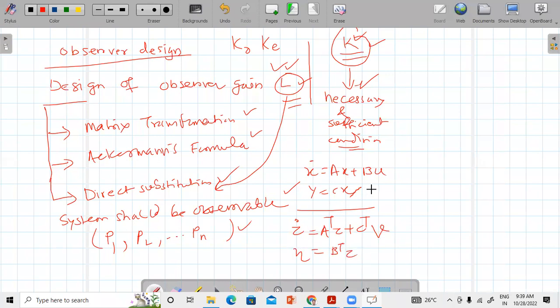This is a dual system. That means if system, याला आपण system 1 म्हणू, याला system 2 म्हणू.